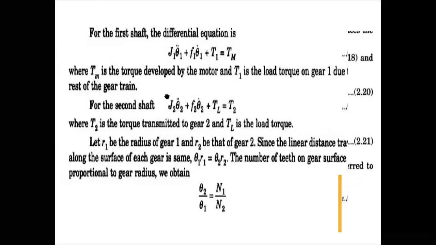Let us substitute here, ma. What can I get here? Let me substitute here theta 2 double dot equal to theta 1 double dot into N1 by N2. Can I take that way?